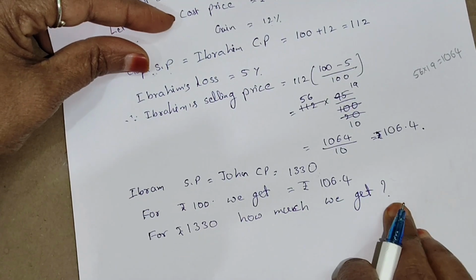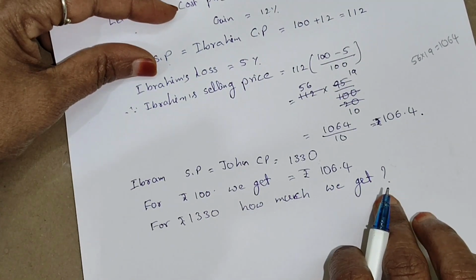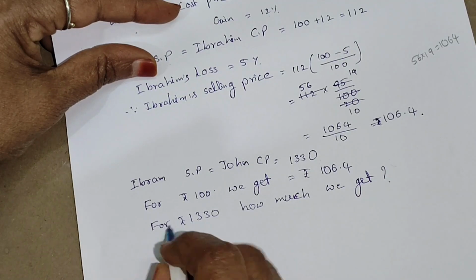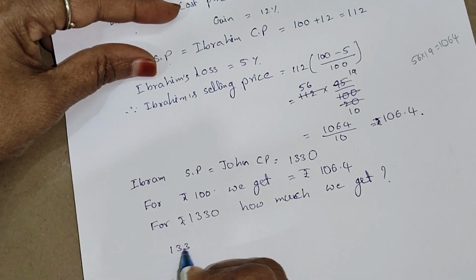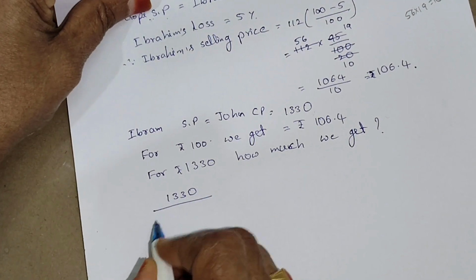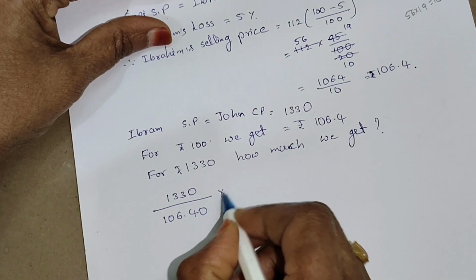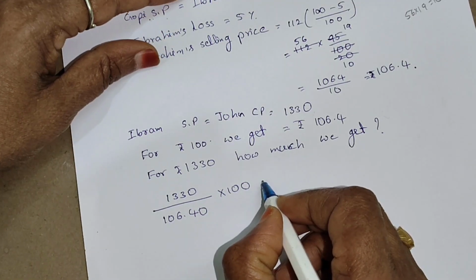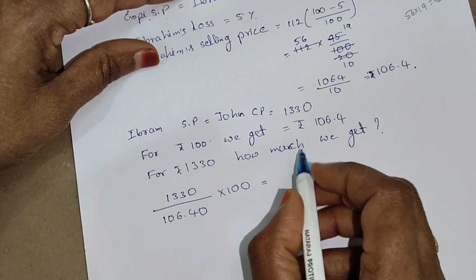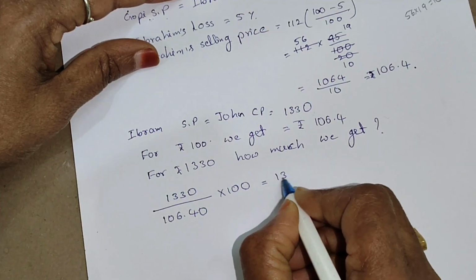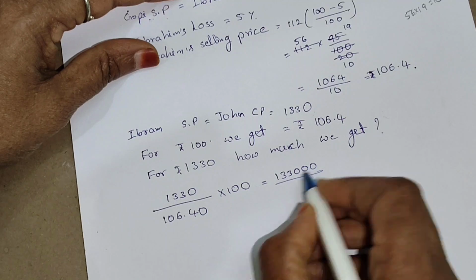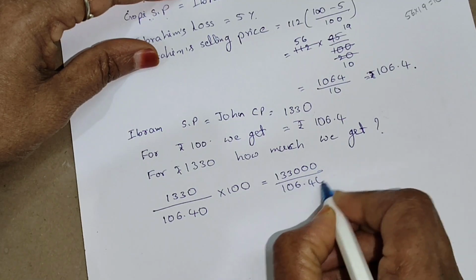Now we find that value. This one is Gopi's selling price. Now 1330 by 106.40 into 100. Now simplify this one.